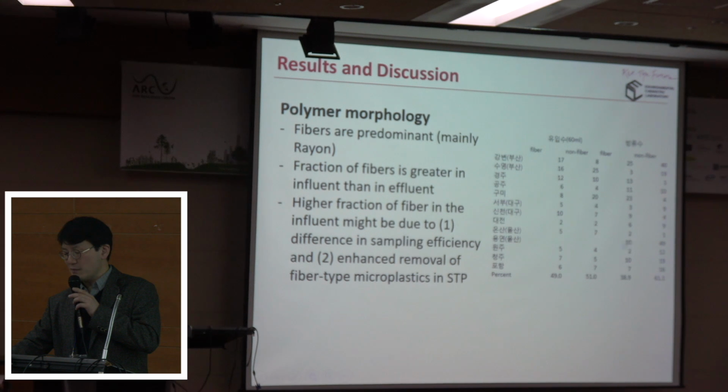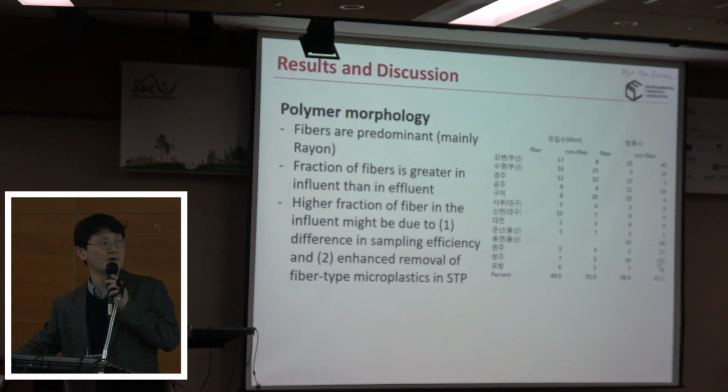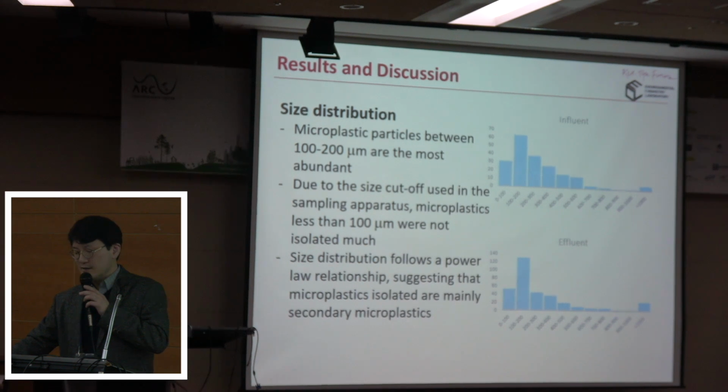And for the non-fiber, somehow we found more non-fiber in the treated effluent. So this might suggest that fibers are more readily removed in conventional sewage treatment plants, but this hypothesis needs further confirmation.